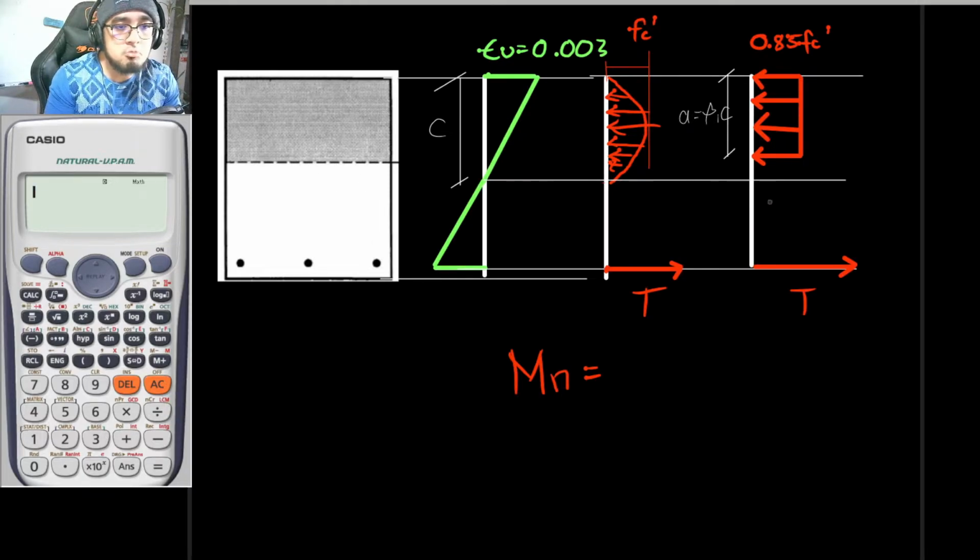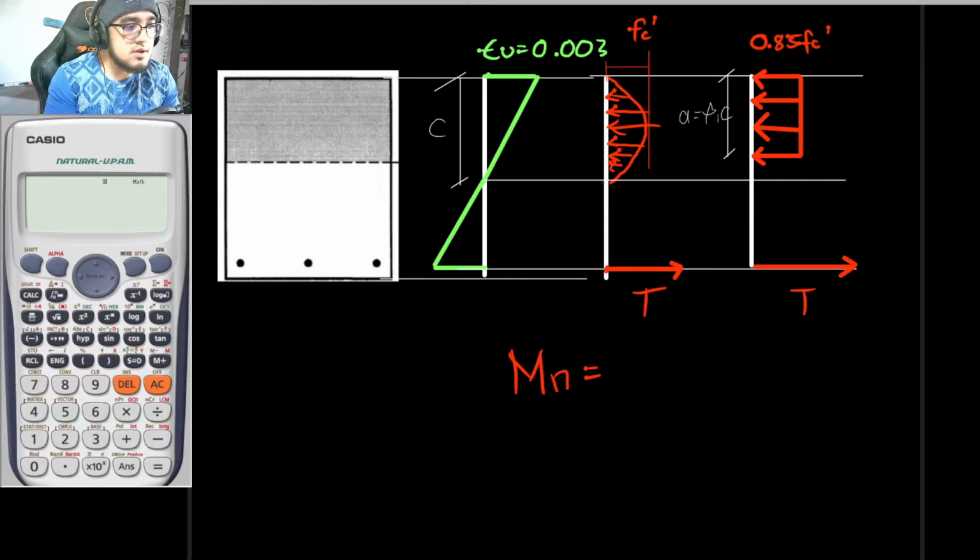Maybe you get the moment here, or here, or here. It doesn't matter as long as you get the moment about any point, since this is at a static equilibrium condition, you would still arrive at the same answer.